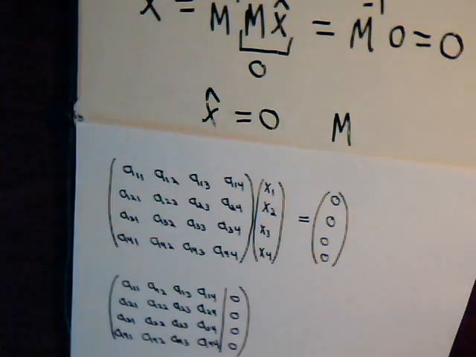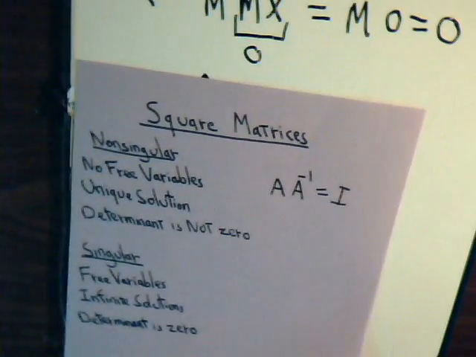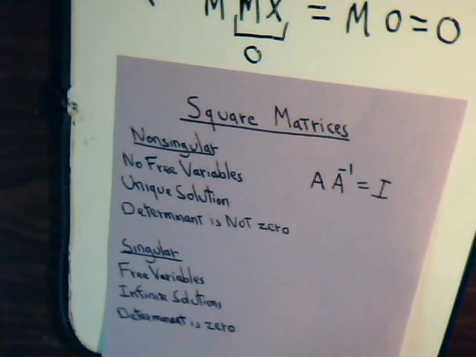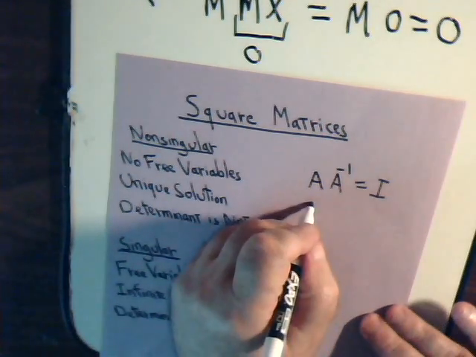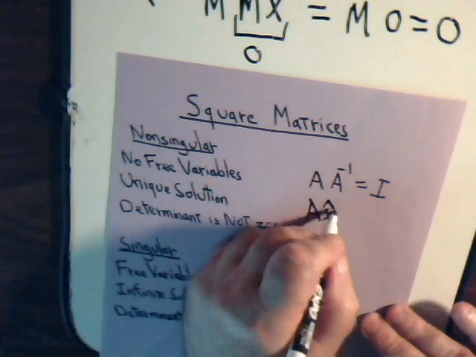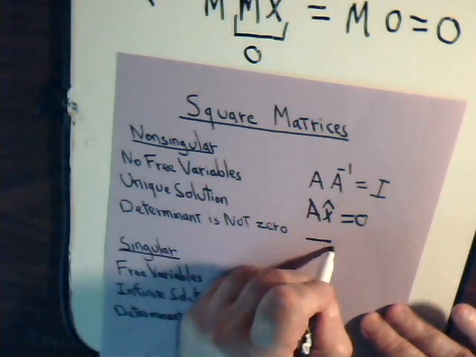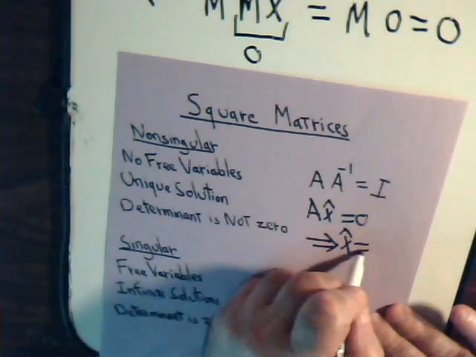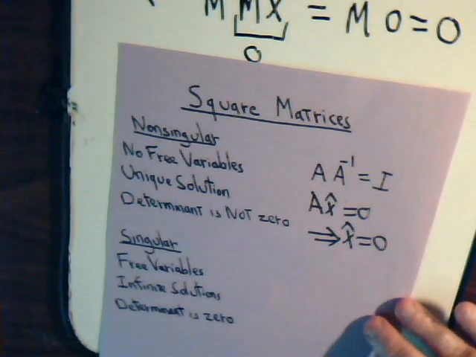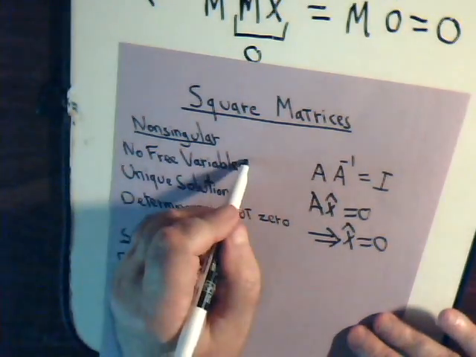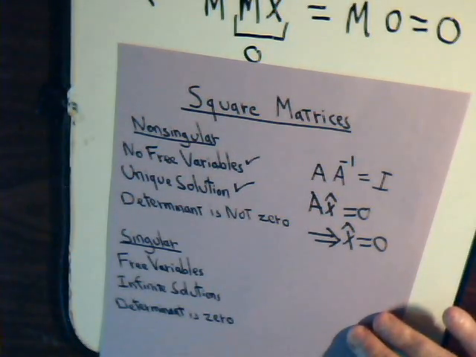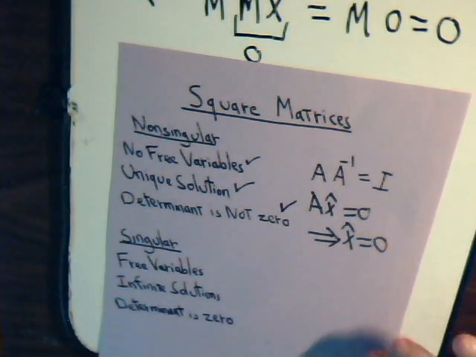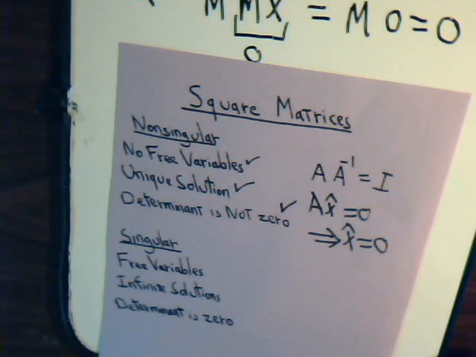Therefore, for the non-singular matrix, because it had an inverse, and because we have this, that means then for the non-singular matrix, no free variables, it has a unique solution, and because none of the diagonal elements are 0, as you pointed out in the previous video, that means its determinant is not 0.